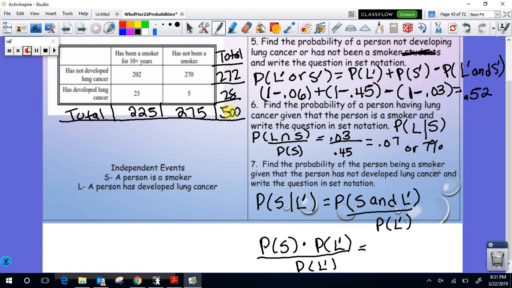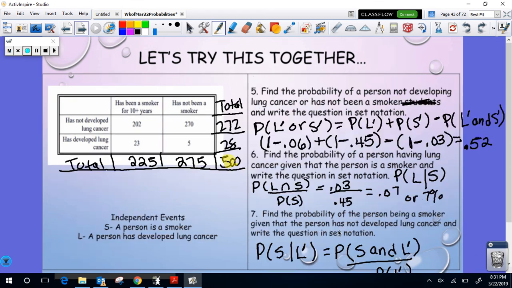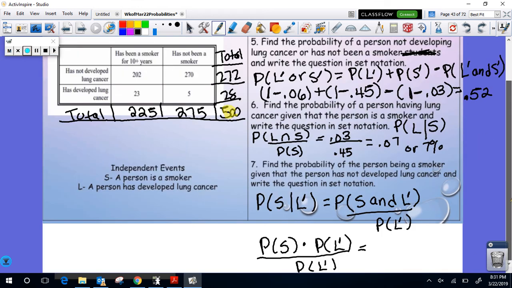So the probability of being a smoker we already know is 0.45. If you need to go back and calculate that, then do so. So I'm going to put 0.45 multiplied by the probability of not having lung cancer. We already calculated that right here.